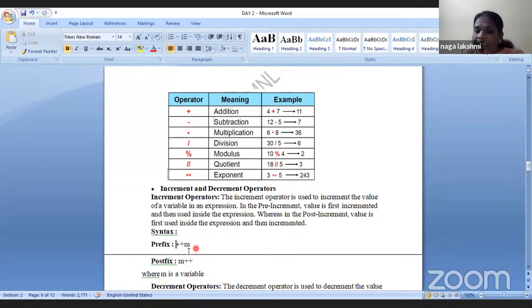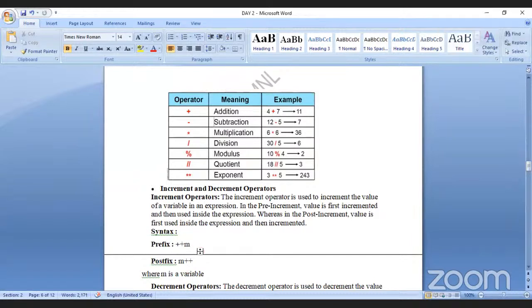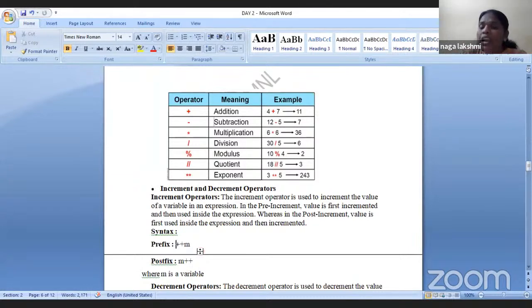Now prefix, everyone can see this? Yes, ma'am. Prefix means when the operator comes before the operand, I call that a prefix. Postfix means when the operator, either plus or minus, appears after the operand, I call it a postfix. Here plus is given before, so prefix increment.